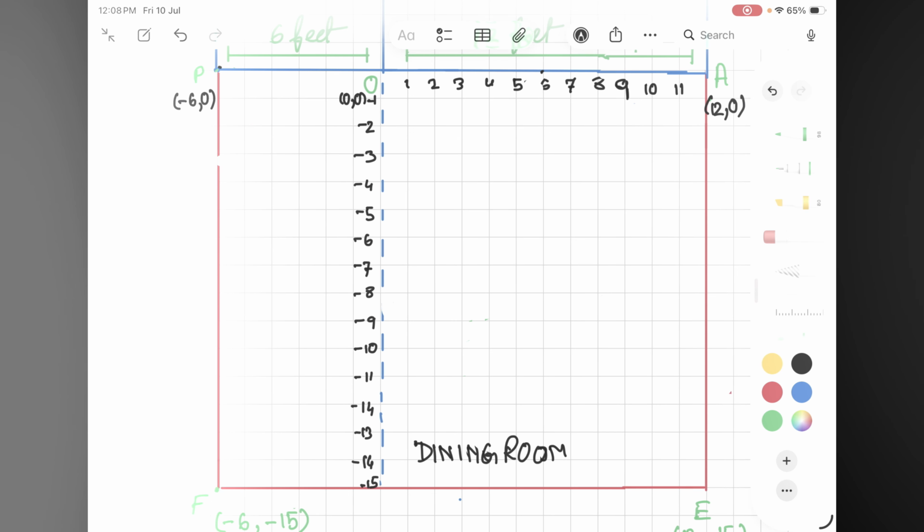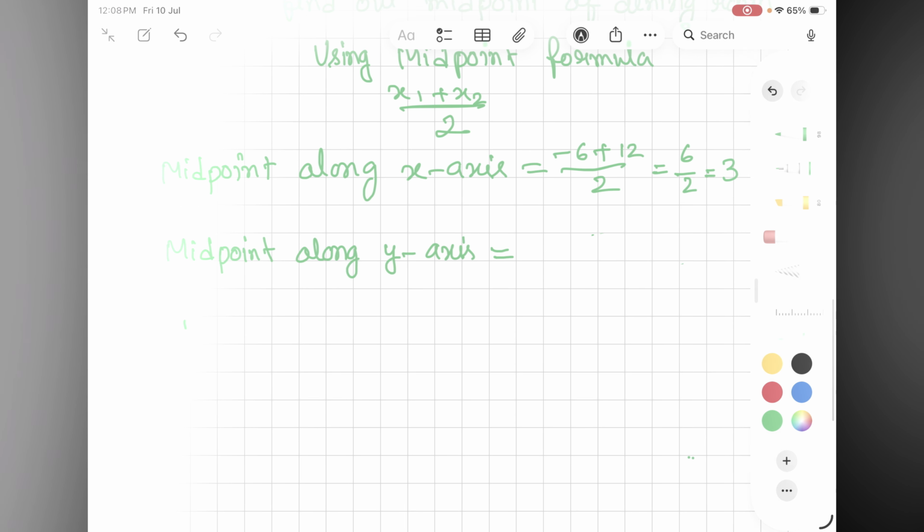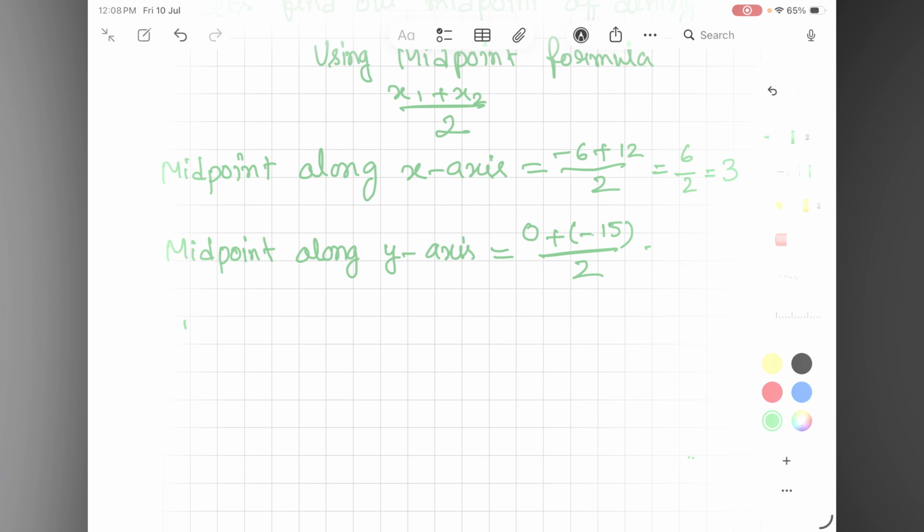O is the origin, O till -15. So 0 plus -15 by 2. This way you get the midpoint along the y-axis. 0 plus -15 by 2 equals -15 by 2 equals -7.5.